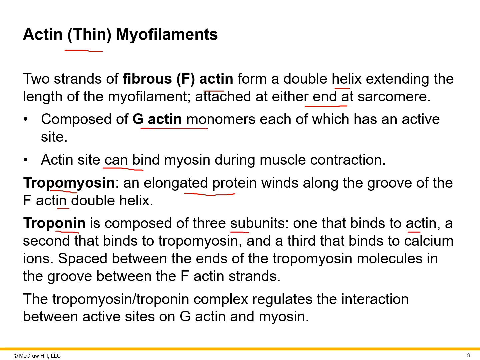One binds to the actin, the second binds to the tropomyosin, and the third binds to calcium ions. And this is the space between the ends of the tropomyosin molecules in the groove between those F-actin strands. So what we end up getting are tropomyosin-troponin complexes that regulate the interaction between the G-actin and the myosin.